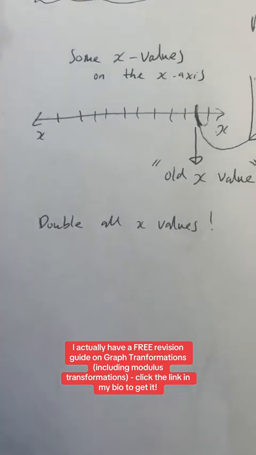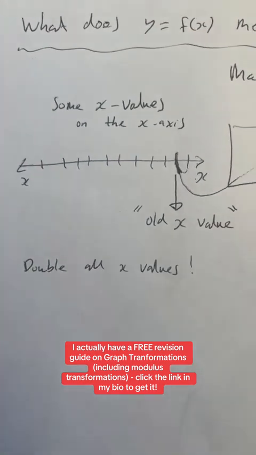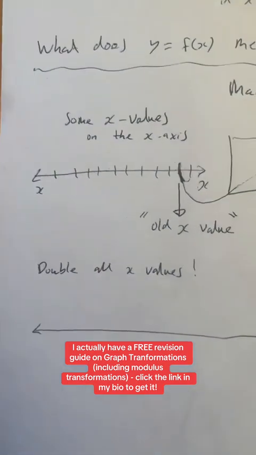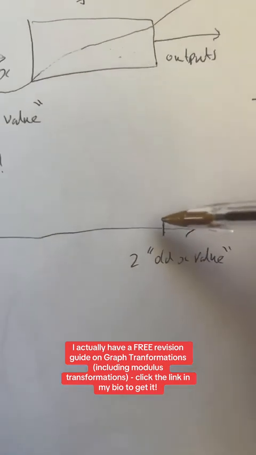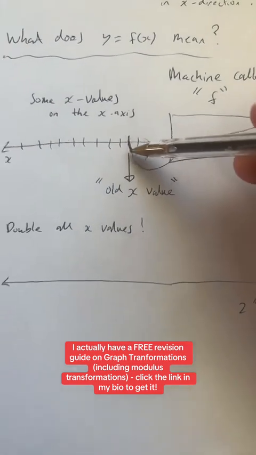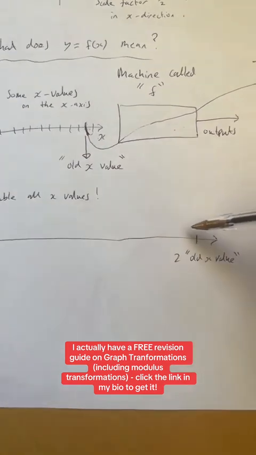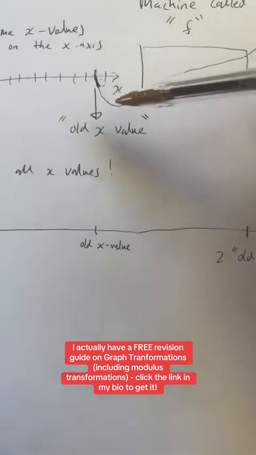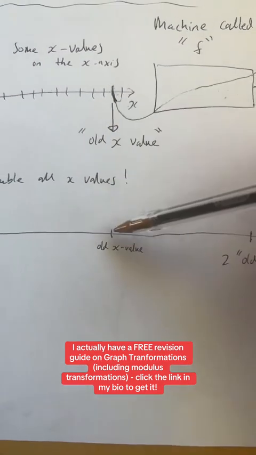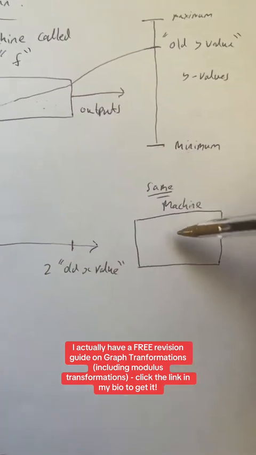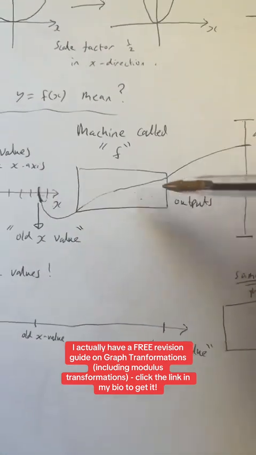So what I'm going to do now is double all of these x values on the x-axis. I've tried to double this number line from before, and I'm going to call this number on the x-axis 2 times the old one. So I've kind of tried to scale it up. Double that, and you get something there. I'll label the old x value there to keep it consistent. Now we're going to keep exactly the same machine as before. This is exactly the same function, exactly the same machine.